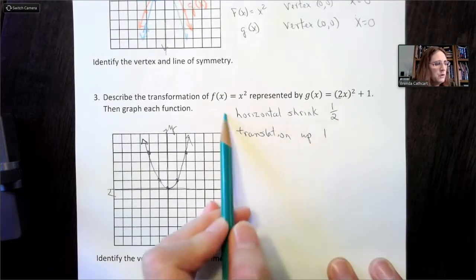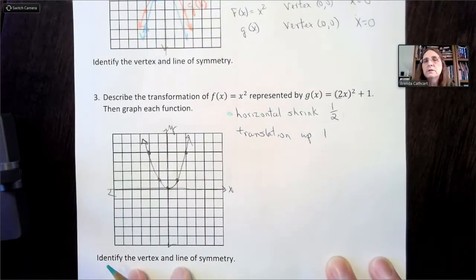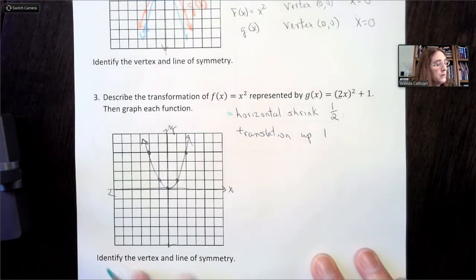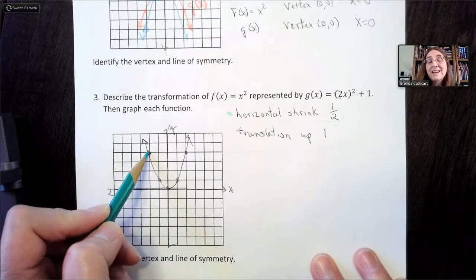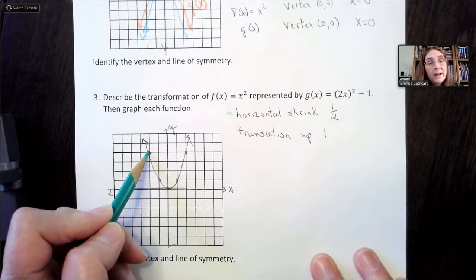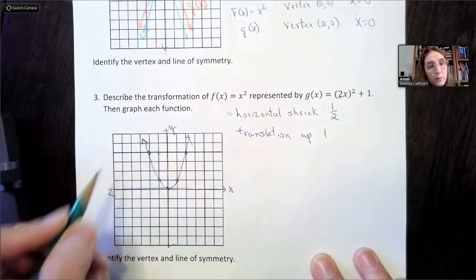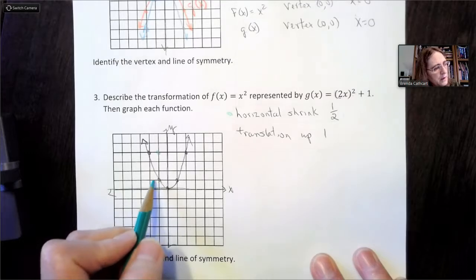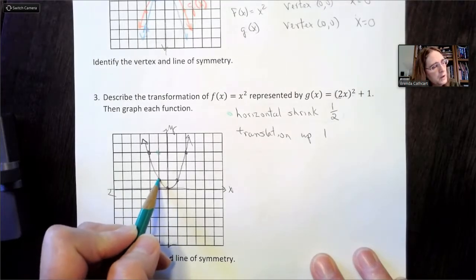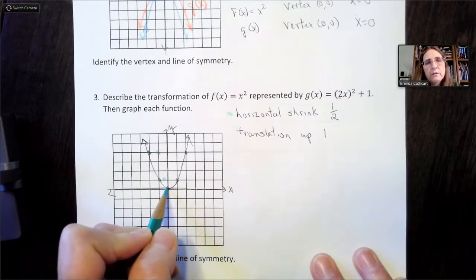Okay? So let's do these transformations. We're going to start with our horizontal shrink of 1/2. That means each x coordinate is going to be multiplied by 1/2. So let's take a look at this point on our graph. The x coordinate is -2. So multiplying -2 by 1/2 makes it -1. It's shrunk. The x coordinate is back towards the center. An x coordinate here of -1 multiplied by 1/2 is -1/2. X coordinate of 0, 0 times 1/2 is still 0.